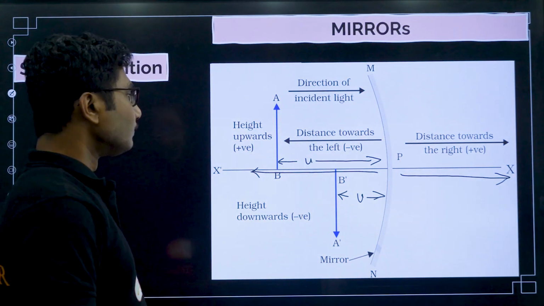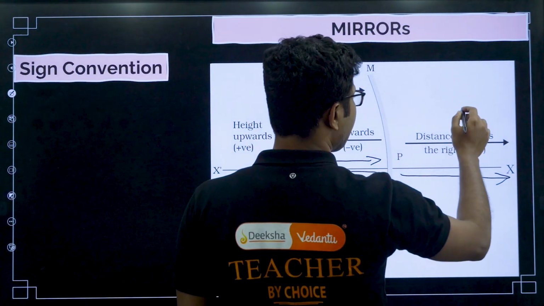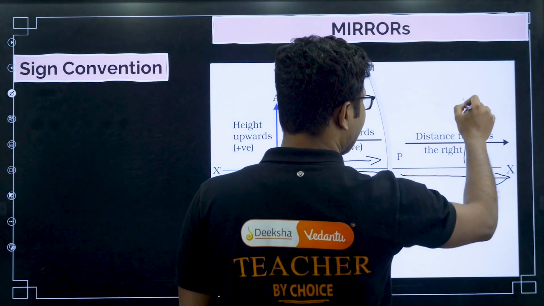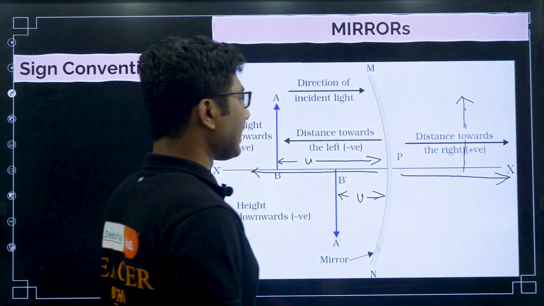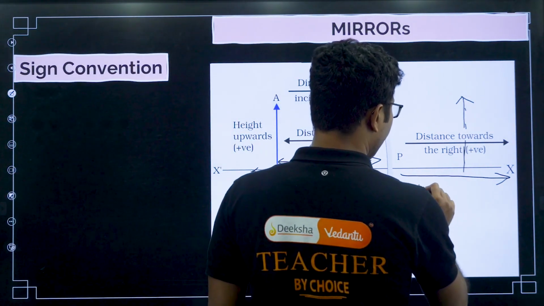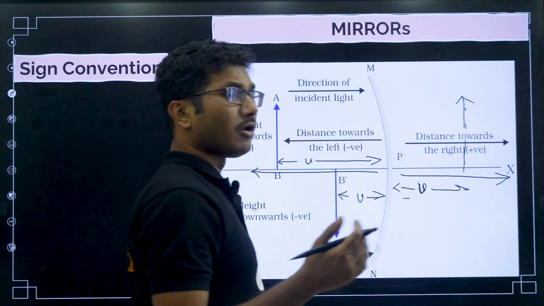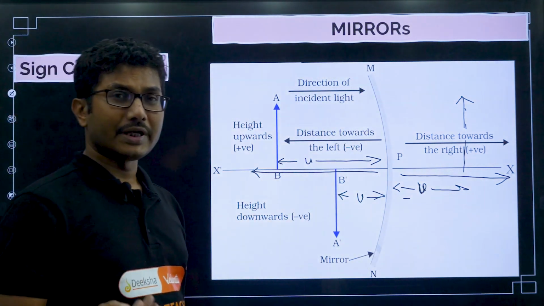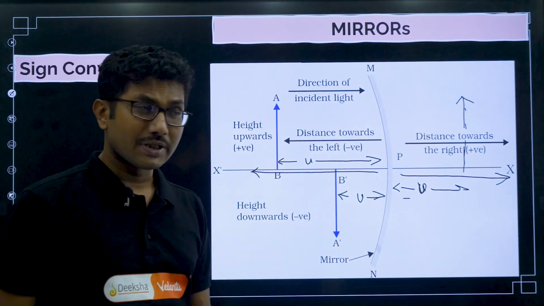Very important. Similarly, suppose the image is formed somewhere here, so in case of a mirror, that will be a virtual image, and in that case V will be positive. Okay, V will be positive. V is the symbol that we use to represent image distance. U is the symbol that we use to represent object distance, right?